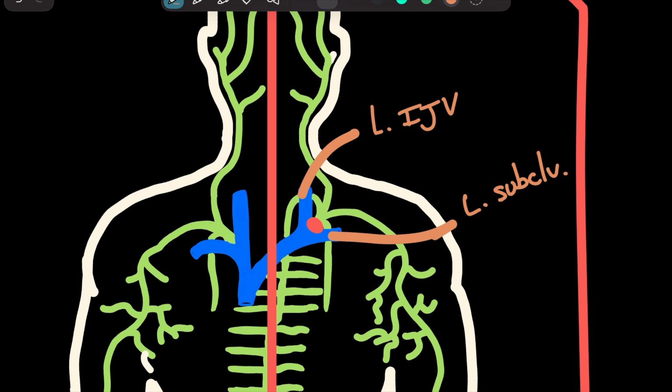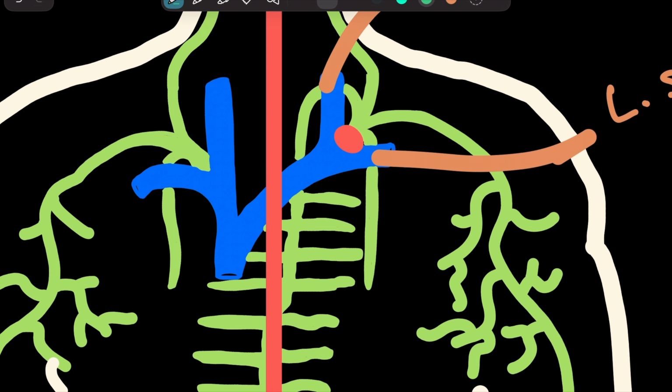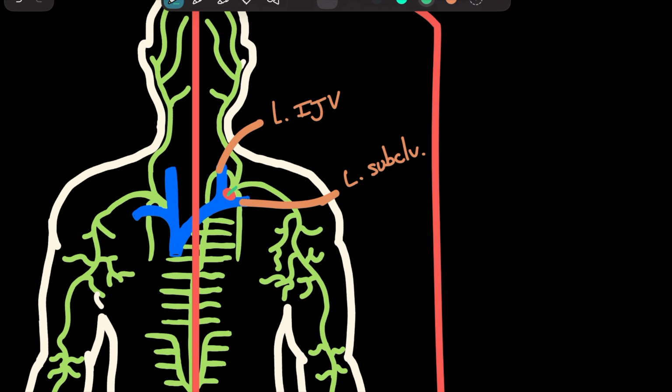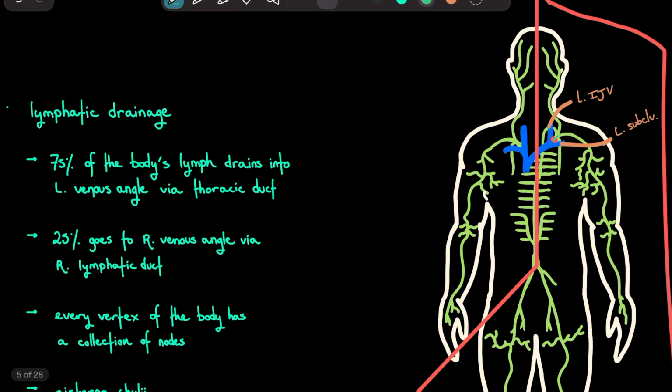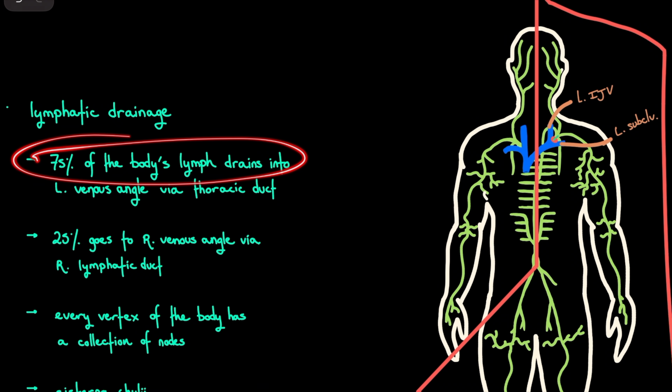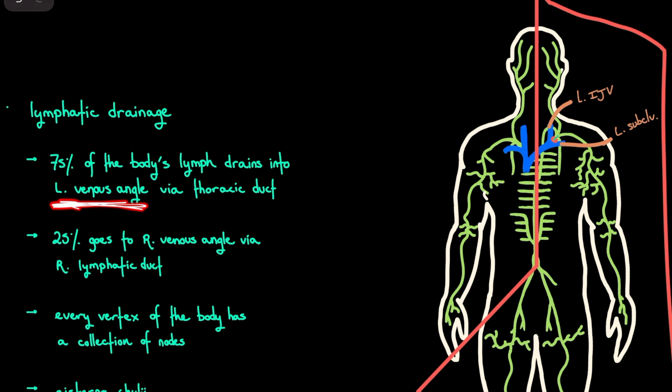And this is where this tube right here joins in with the veins. And we call that tube the thoracic duct. So that means 75% of the body's lymph drains into the venous angle via that tube, via the thoracic duct, which is kind of crazy.